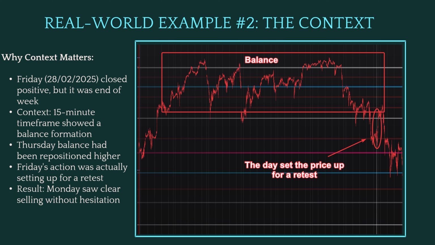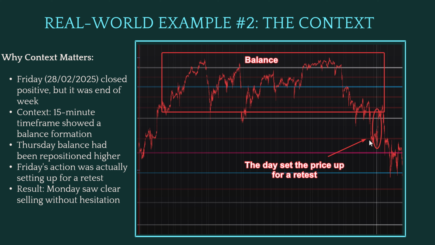Take a look at the 15-minute auction. As you can see, we had a balance here. And on Thursday, the balance was repositioned. And our Friday, where we saw that beautiful closure up, just set the price up for a retest.